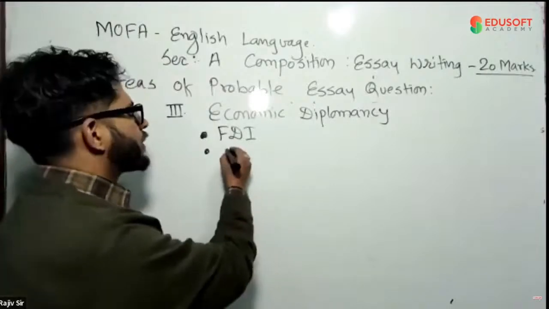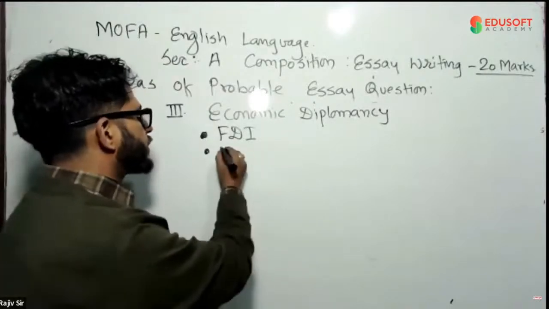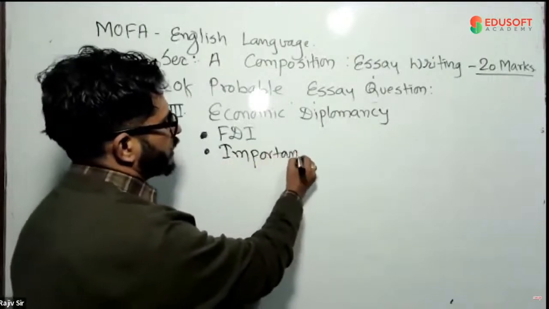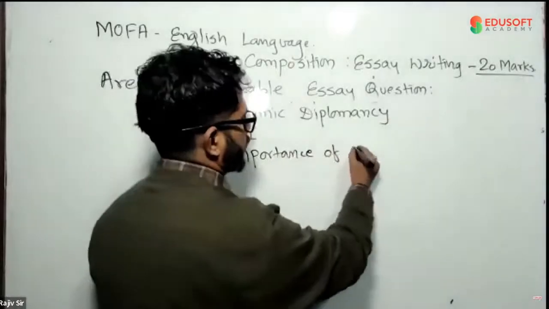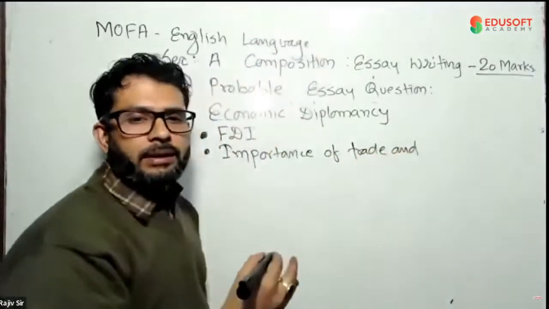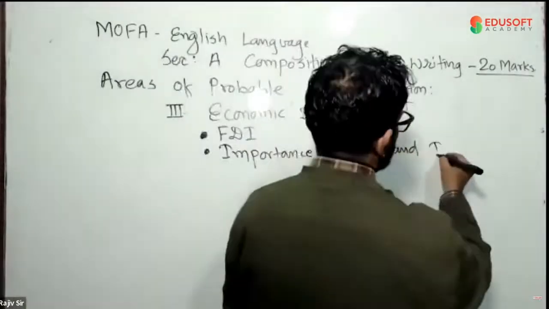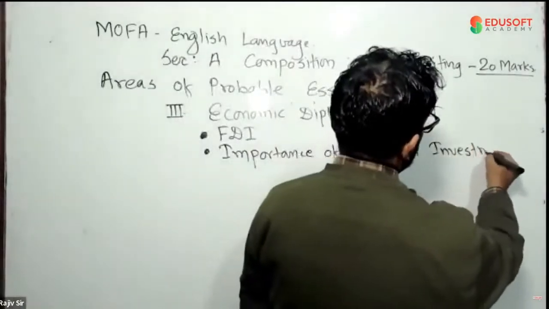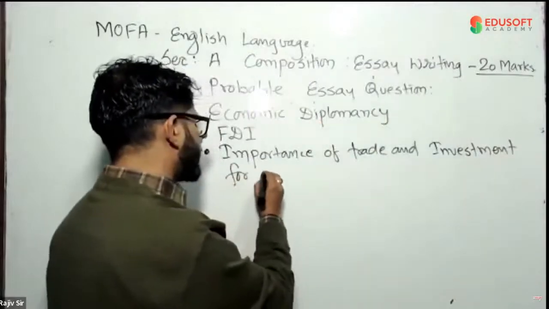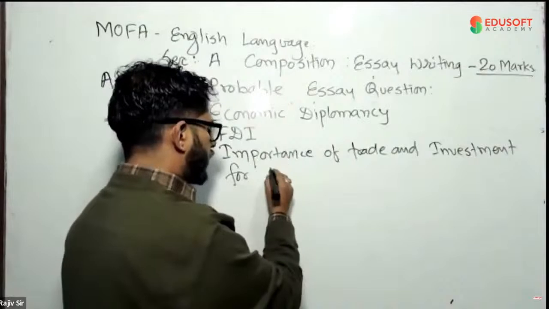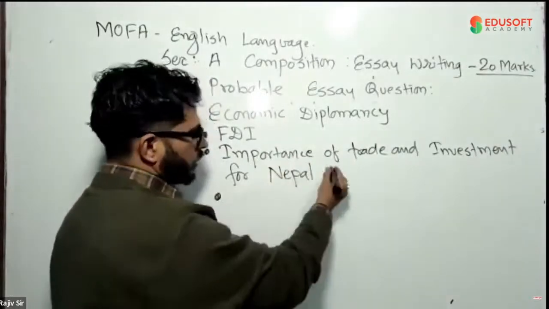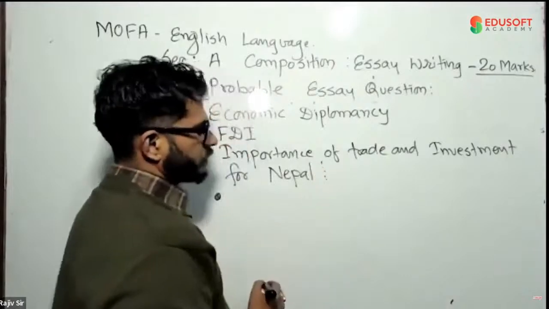So whatever you say, I can include in one of the points, that is the importance of trade and commerce, or trade and business, or trade and investment for Nepal. Have I summarized all of your saying, students? Good. Include all those points over here.